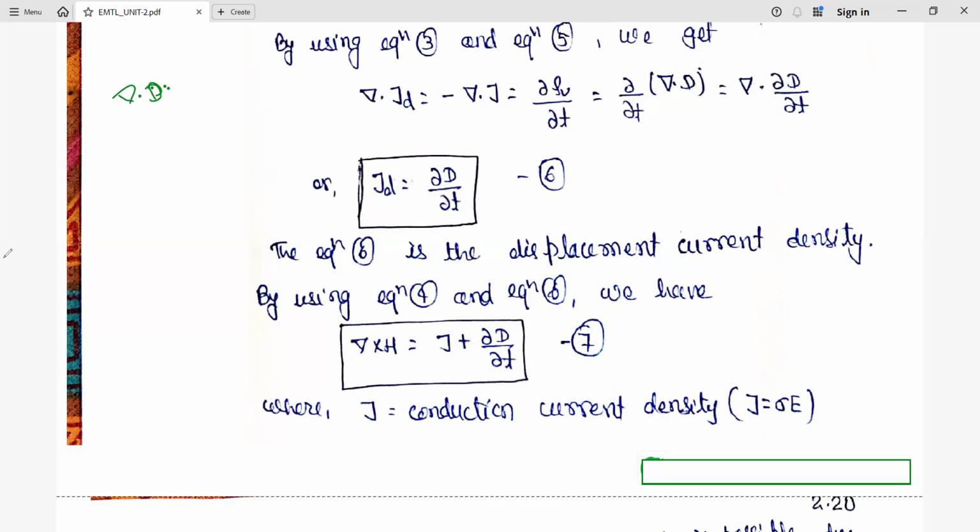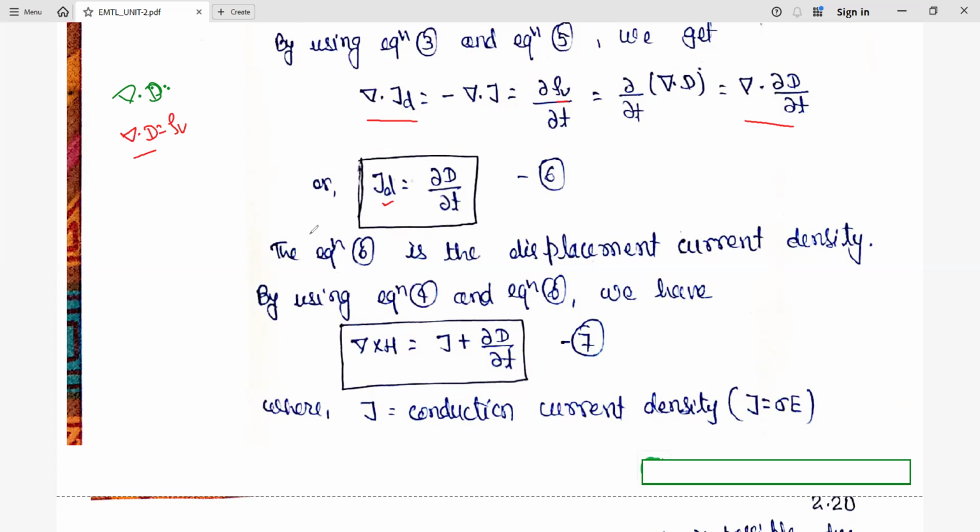Rho V is replaced by del dot D, so del is taken outside. Finally, del dot J_D equal to del dot dou D by dou T. From here we get the displacement current density equal to dou D by dou T. So this is the displacement current density.